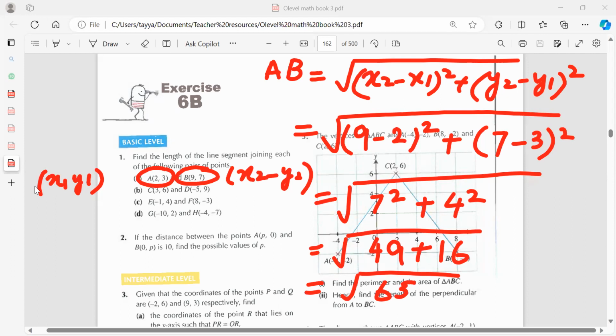Do you have a calculator? Yes, miss. Okay, then find the square root of 65.